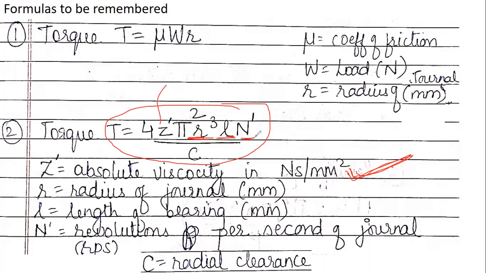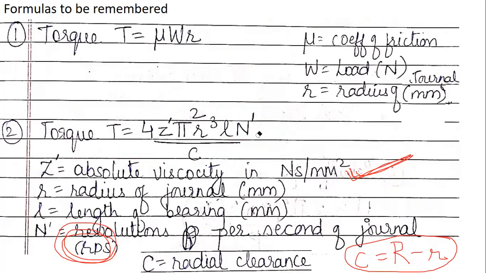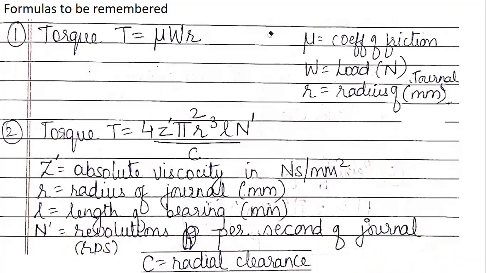N dash is RPS, revolutions per second of the journal. And C is the radial clearance. Radial clearance is nothing but radius of the bearing minus radius of the journal, capital R minus small r. You should remember this. So two formulas, you have to remember this.